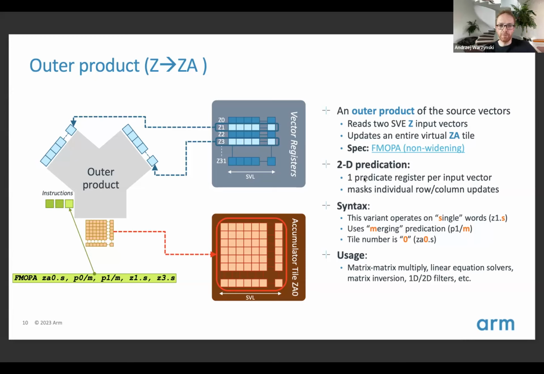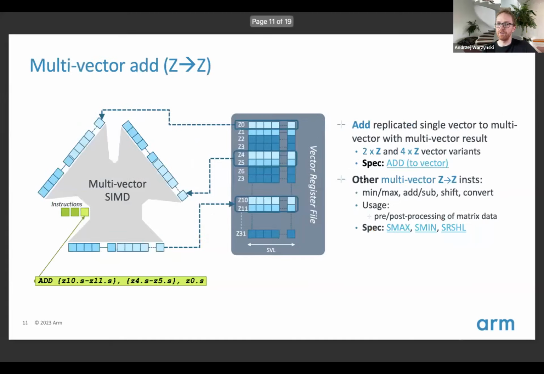The other things worth noting, again, operating on 32-bit elements, so that's because .s stands for single word, and I'm allocating into zeroth tile, that's ZA0. That's something that is hard-coded in the instruction itself. So that's one type of instructions.